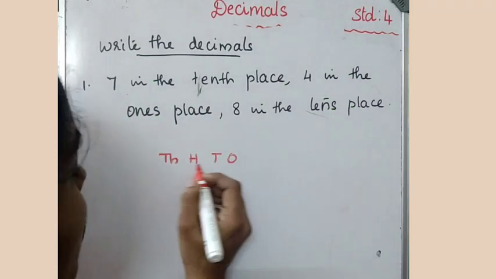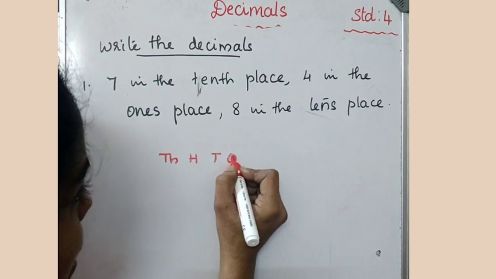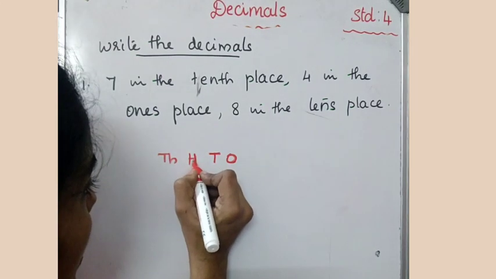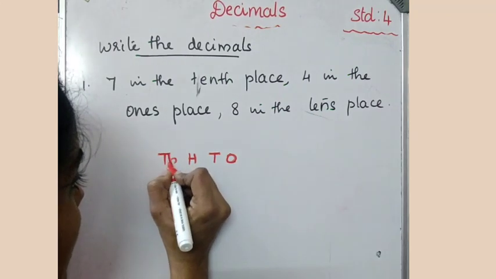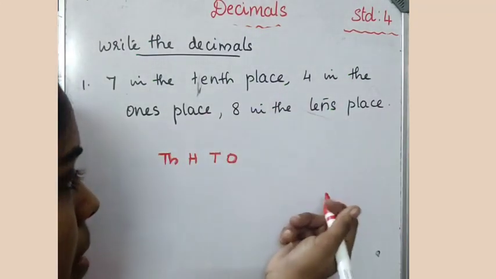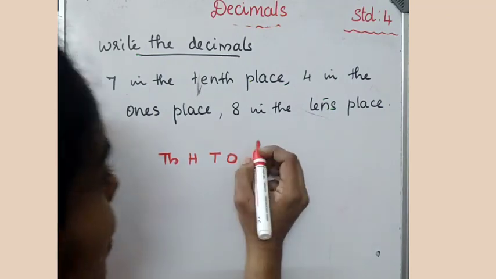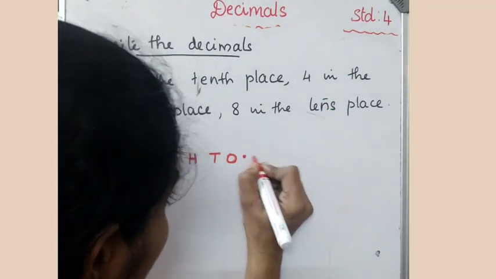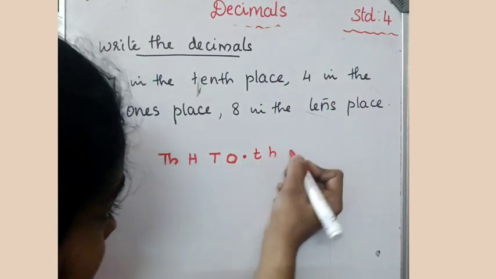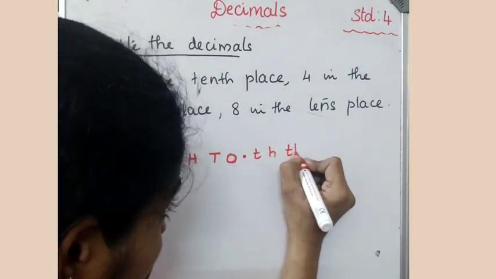For a whole number, the place value starts from ones, tens, hundreds and thousands. After this, the decimal place value chart starts from the decimal point, then tenths, hundredths, thousandths.